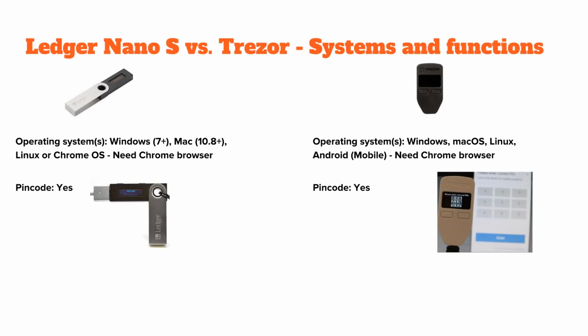The difference here is that on the Nano S, you use the physical buttons up and down to select the number, and for the Trezor, you use the mouse to select the numbers corresponding to the pin number that you see here. These numbers randomly change all the time, so that no one can track your computer, know what you click, and try to reproduce the pin.